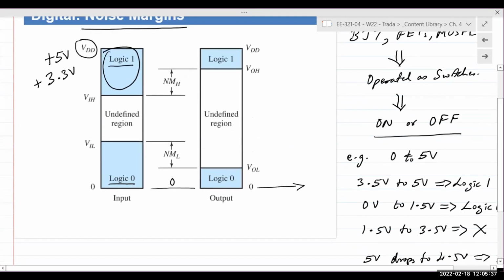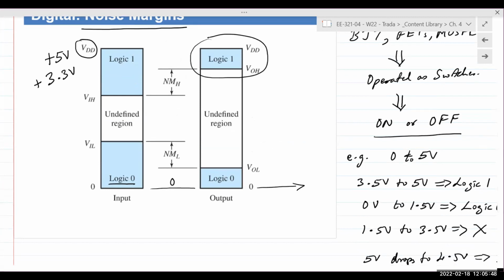Now, depending on the requirements of your application, the noise margin could be as high as you want or as low as you want, right? If you want to create a very sensitive system, meaning you do not want any deviation from your logic zeros and ones value, you would try to keep the undefined region as small as possible, right?